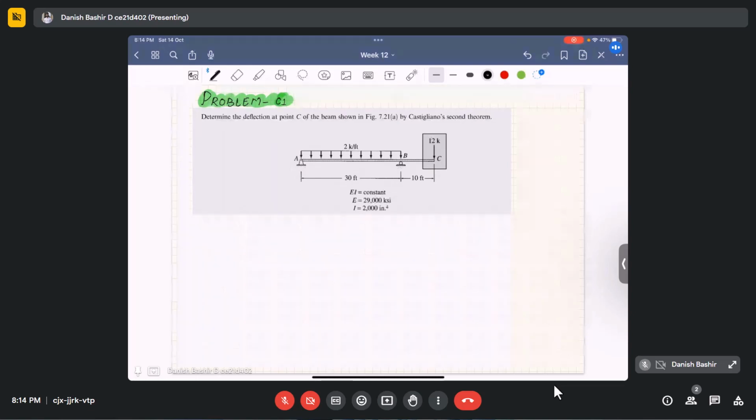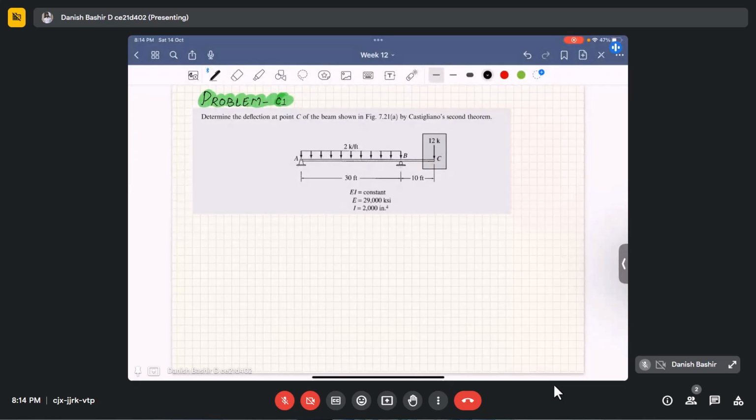What will be the procedure? Since 12 kilonewton is the external load already acting at point C, we will assume that this is some unknown load P. We will use 12 kilonewton to be equal to some unknown load P, okay. We'll assume this thing.